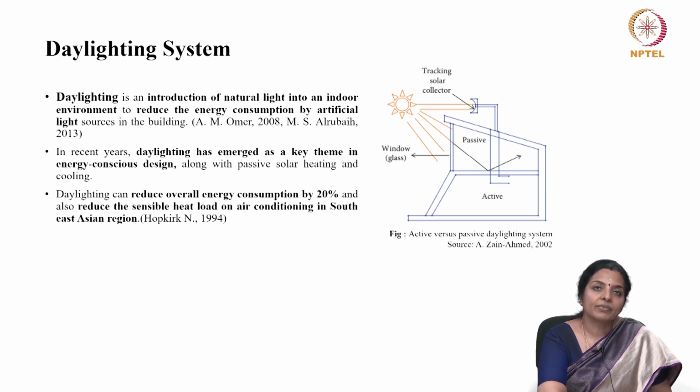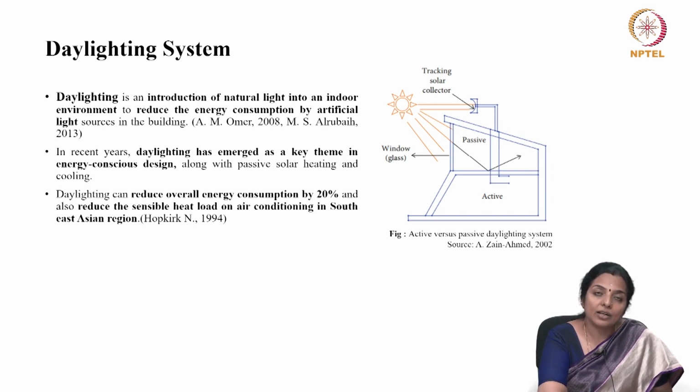Of late, daylighting has come up as an important theme of energy conscious design along with passive solar heating and cooling because now it is proved that in order to have good lighting inside, if daylighting is not used, then artificial lighting has to be incorporated which is expensive as well as it is not energy efficient for the building.